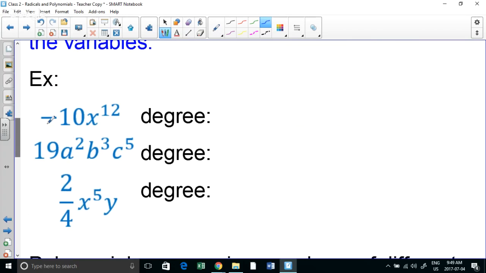For instance, here you have the exponent on the variable, which is 12. This is a degree of 12. With multiple variables in the monomial, you take them and add them. So that gives you n as your degree.